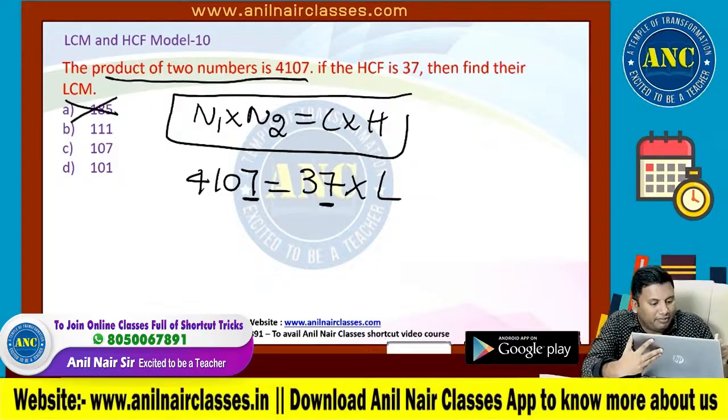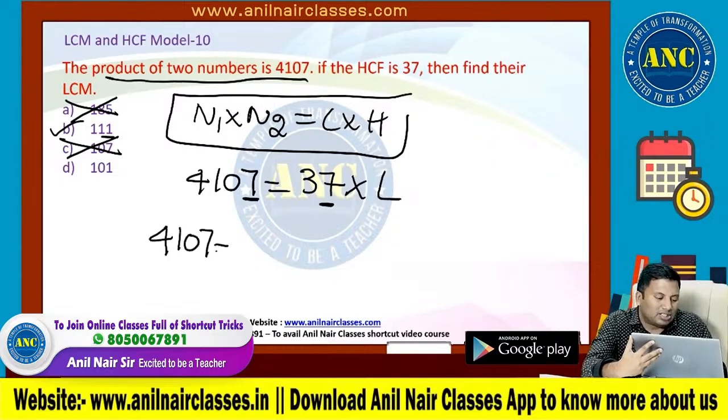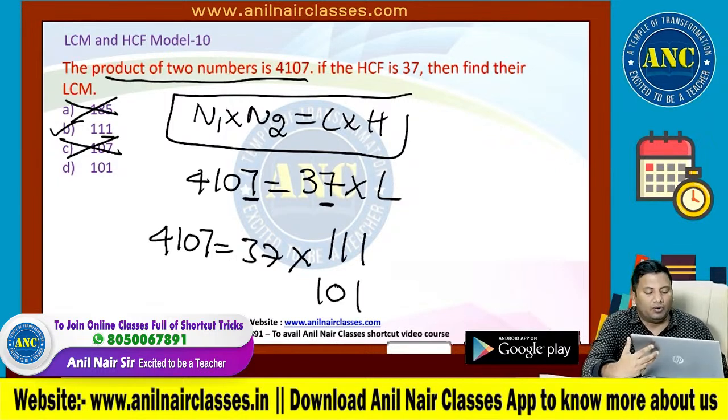It cannot be 5, 7 5s are 35. 7 1s are 7, this is a possibility. 7 7s are 49, this is not a possibility. So there are two possibilities which we got. 37 into either 111 or 101.